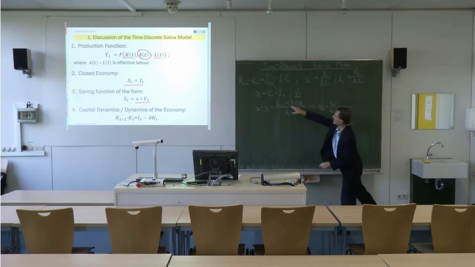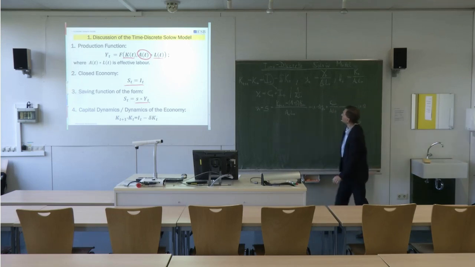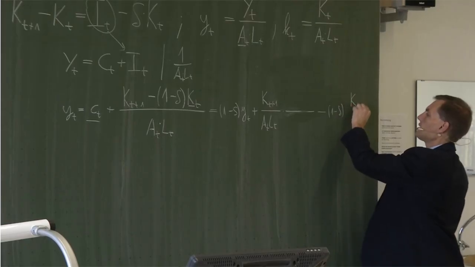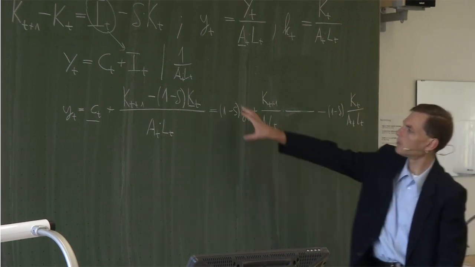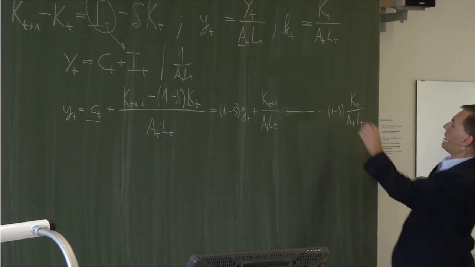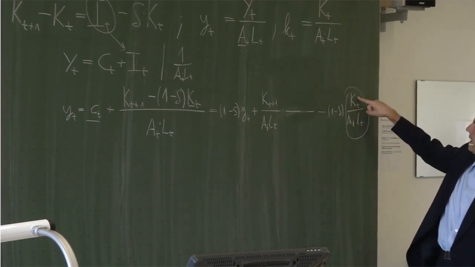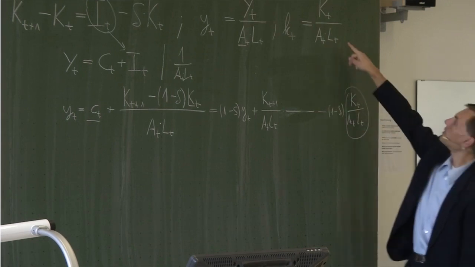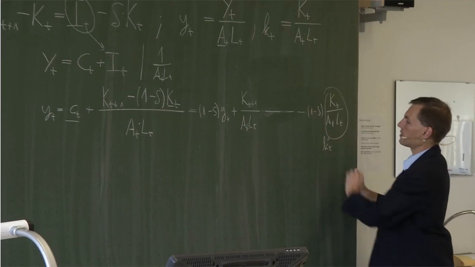And then we have the second part, minus 1 minus rho, and then I have K_t divided by A_t times L_t, which is this divided by this. This is just a constant in front. Well, as you already can see, this is quite clear. K_t divided by effective labor, this is my little k. This is the capital labor ratio now again.